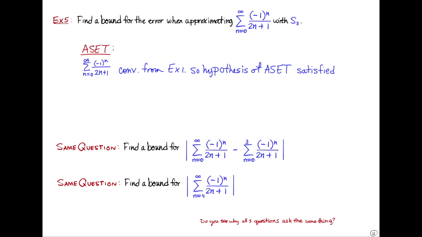Once we satisfy the hypotheses, then we know that the size of the error is going to be less than or equal to the size of the next term. So we're approximating the infinite series with S sub 3. So the next term after that is going to be B sub 4.